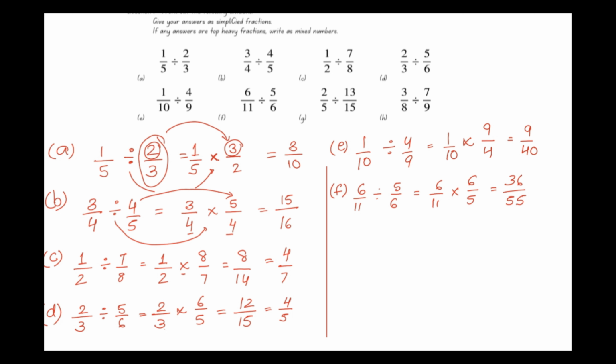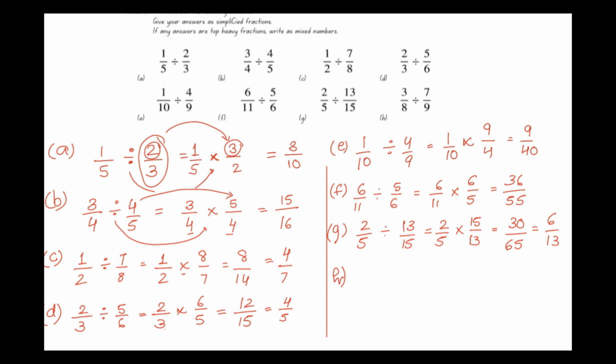Okay, the next question is 2 upon 5 divided by 13 upon 15. So writing the first fraction as it is, changing the sign, reciprocating the second fraction. 13 times 5 is 65, and we simplify with the 5, so it will be 13 upon 6.